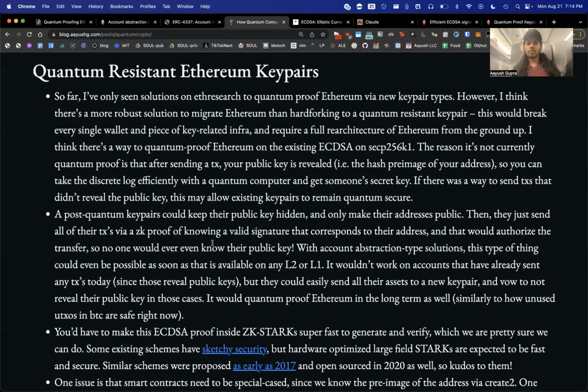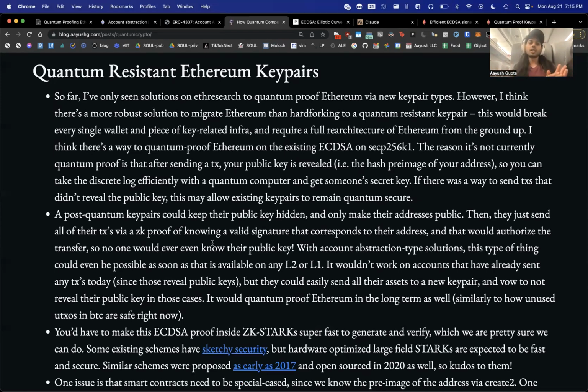Now, there are a number of proposals for how to do quantum-proof cryptography, and most of them require using lattice-based cryptography or other post-quantum schemes, which would result in everyone having to migrate their entire Ethereum systems. That means all smart contracts have to be rewritten. The entire way that you interact with the chain has to be rewritten. So a much better solution is keeping all of the address-based properties of Ethereum.